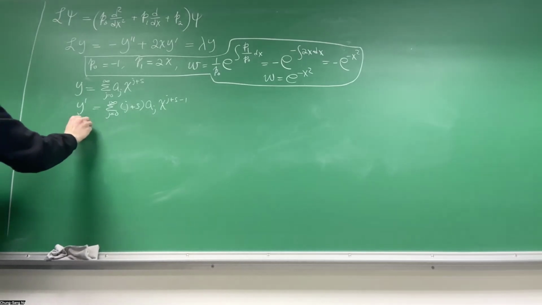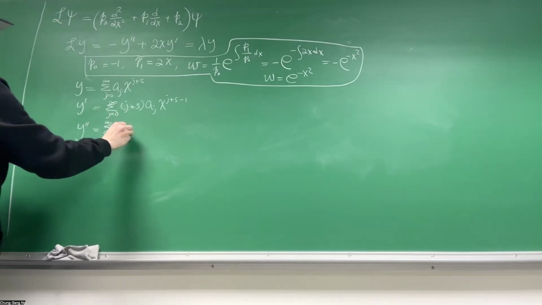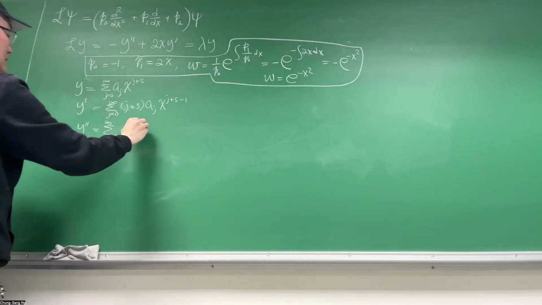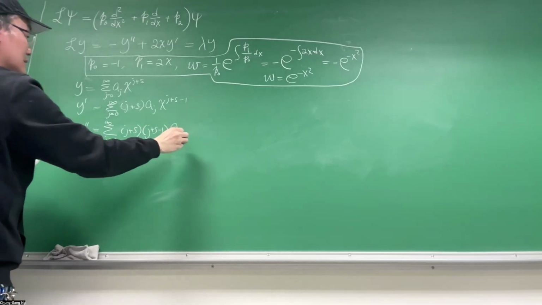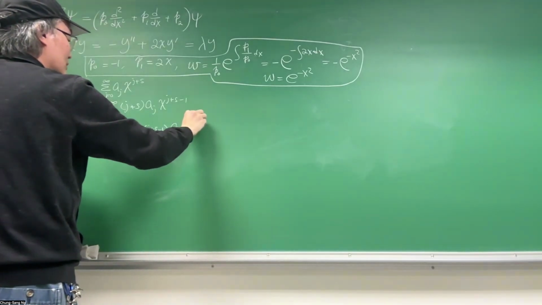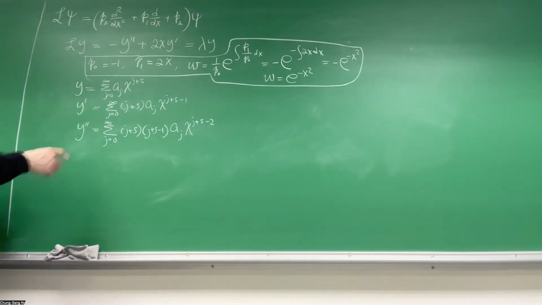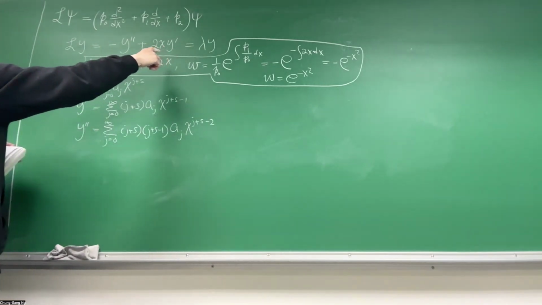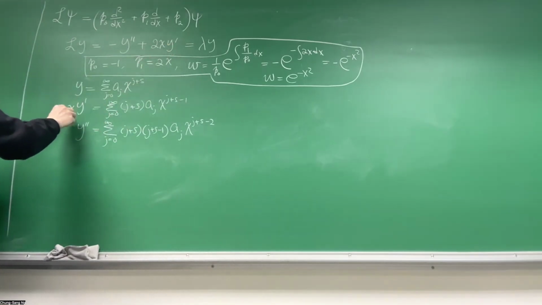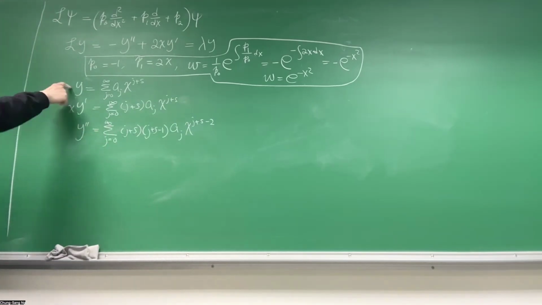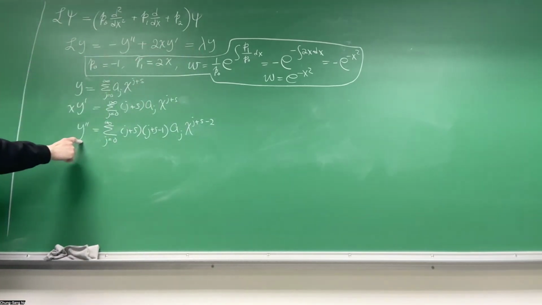And you need y double prime: j plus s, j plus s minus 1, a sub j, x to the j plus s minus 2. Okay, so you need this one. And you need x terms that you don't have just at y prime, so you can multiply x here.